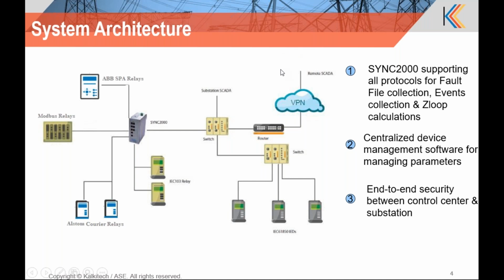Then another key thing is to centrally enable the configuration from the center. We have a power system enterprise suite available at the center, using which it can launch the respective IED or relay tools and do the configuration from the center to all the IEDs.